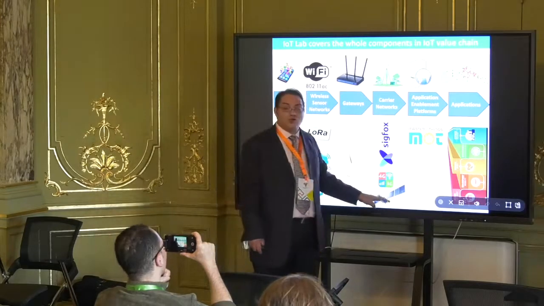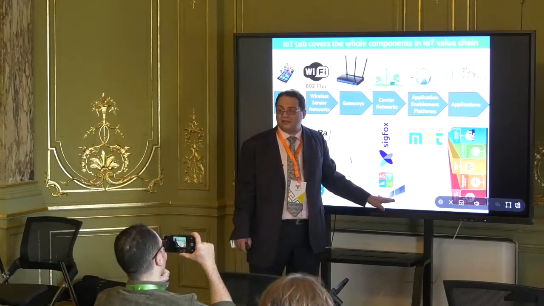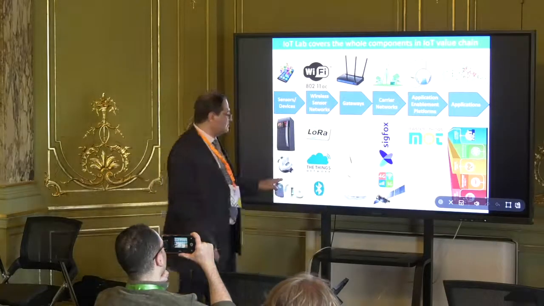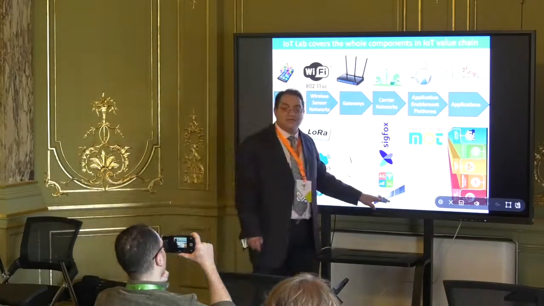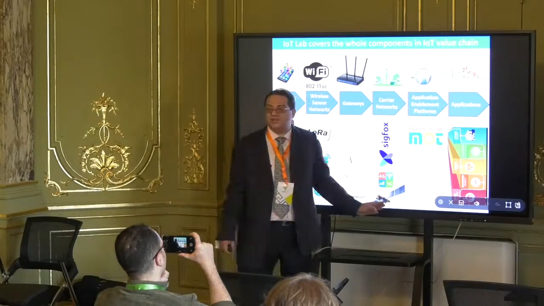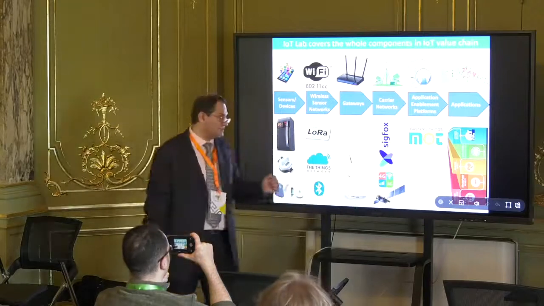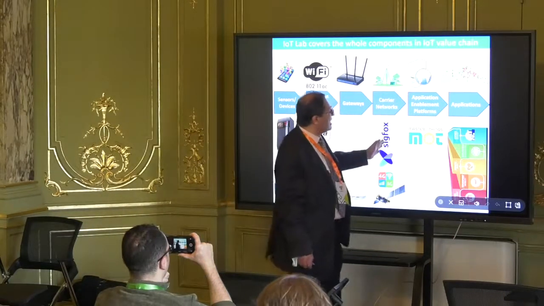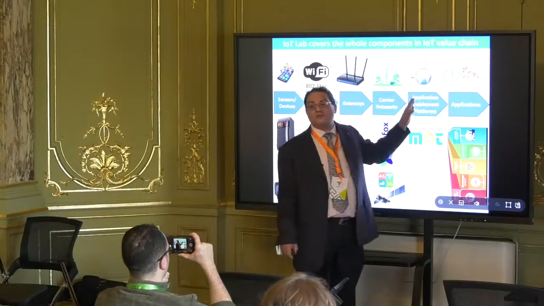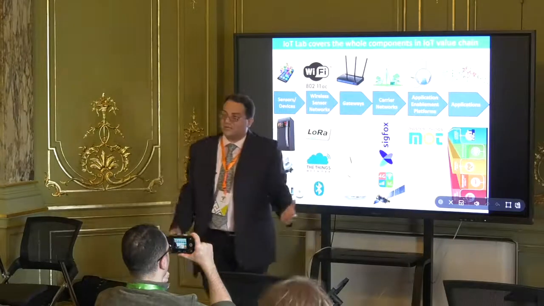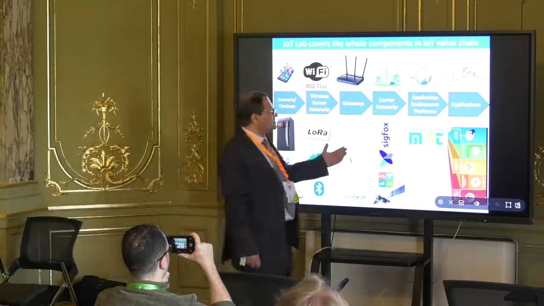There could be another option like satellite communication if you are outside the cities. If you're in the desert or in the sea or the ocean, your only connectivity option available there is satellite communication. So data goes out from the devices, passing through this path, and it reaches a server somewhere on the cloud. These servers on the cloud are the application enablement platform, and one of them is our platform.